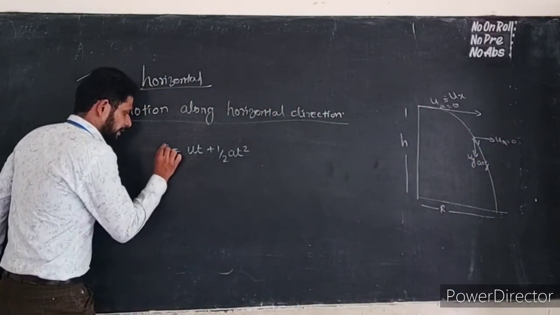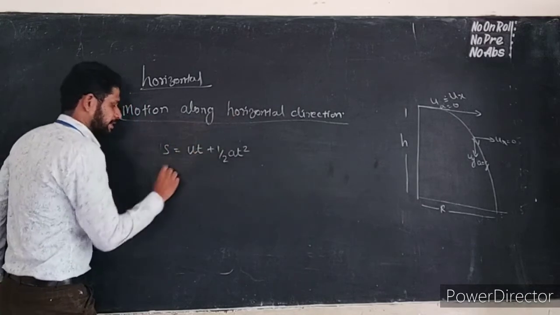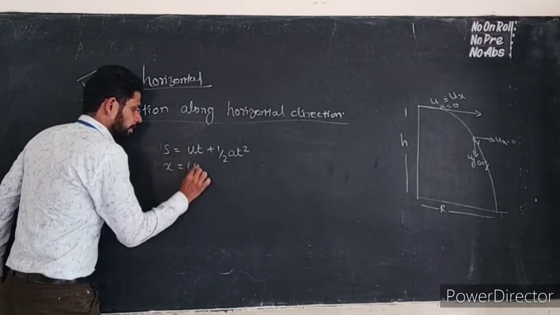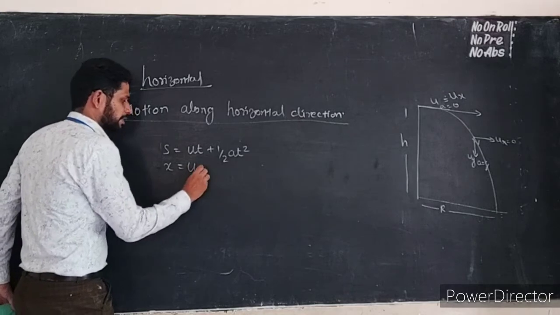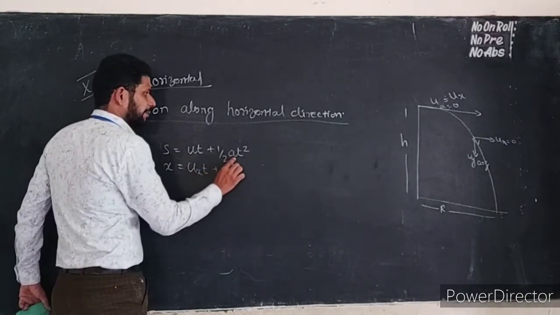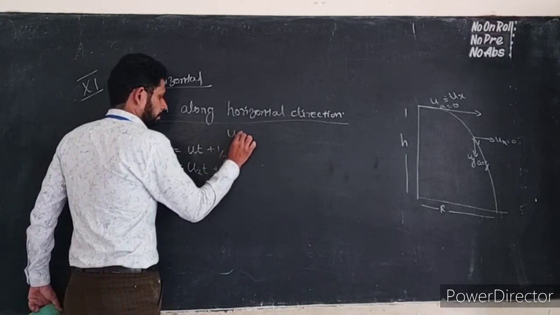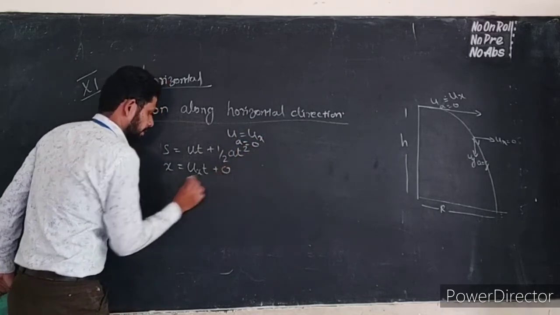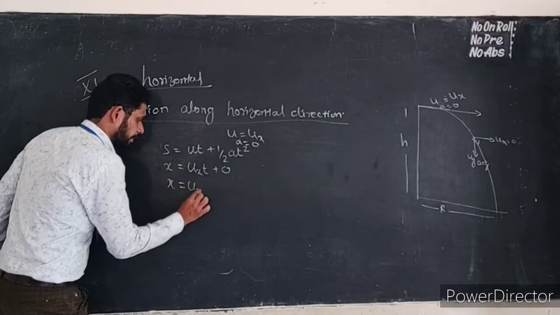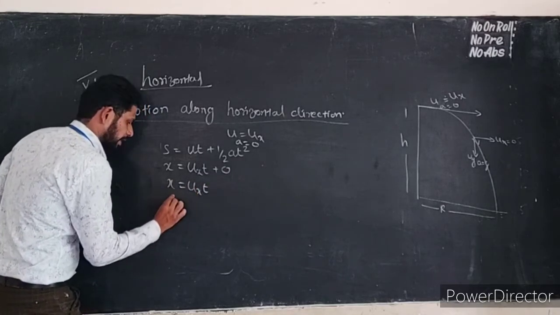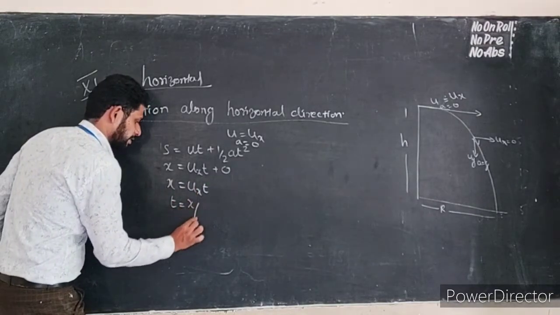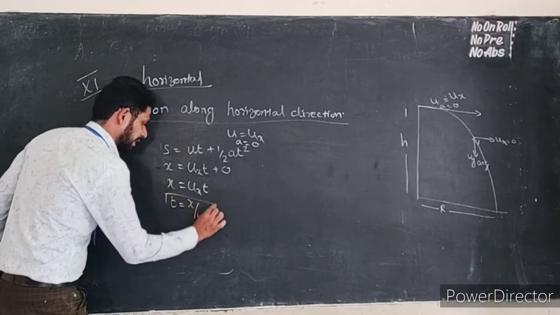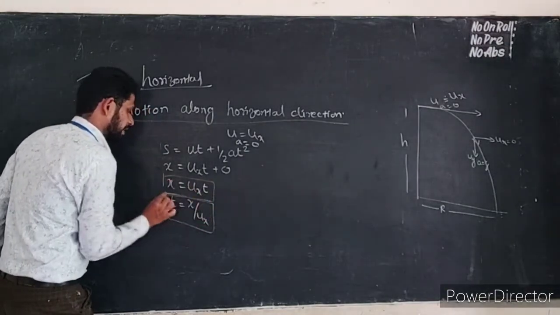Then x is the displacement in the x-axis, so x will be equal to initial velocity ux times t plus half a t square, where a will become 0. So x equal to ux t. Or t equal to x by ux. This is the time period, and this is the displacement in the x-axis.